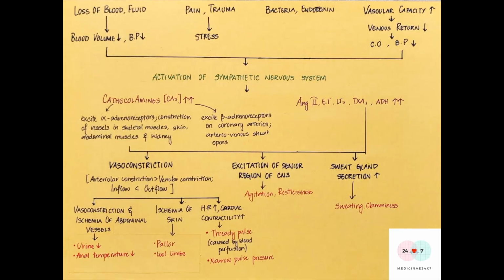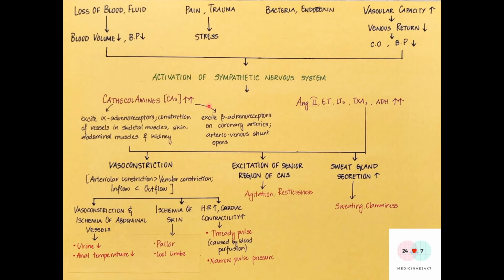Now let's look at the pathogenetic mechanism of the ischemic hypoxia stage in flowchart form. All the etiologies of shock lead to some consequences which are decreased blood volume, decreased blood pressure, stress, decreased cardiac output, etc. All of these lead to activation of the sympathetic nervous system, which further causes increased release of the catecholamines.